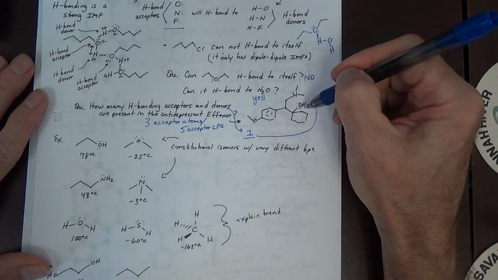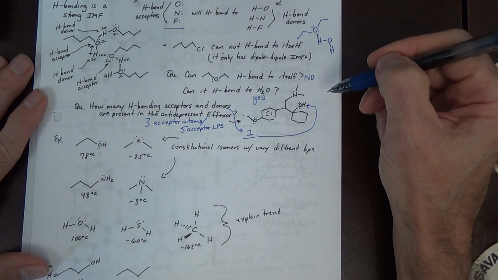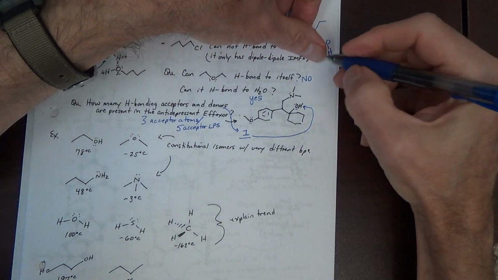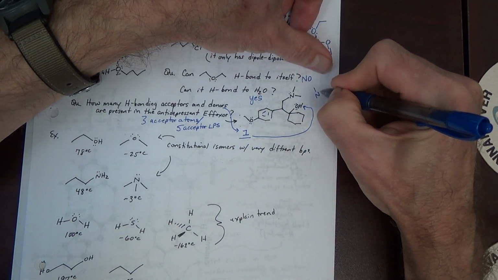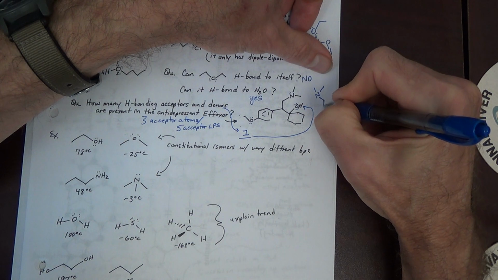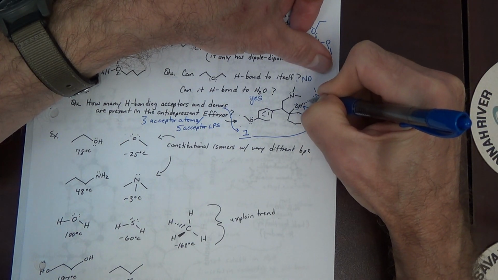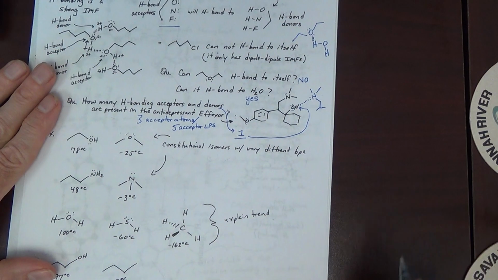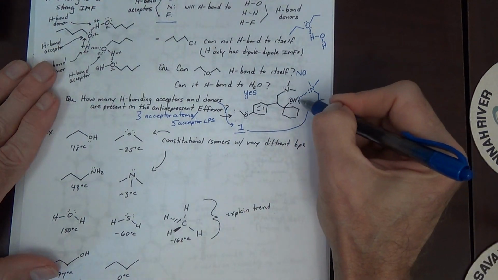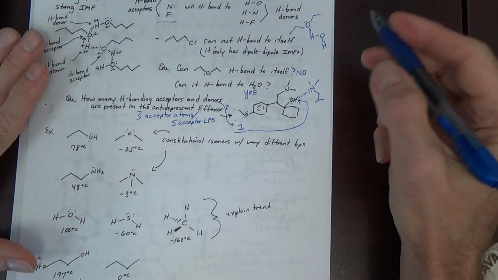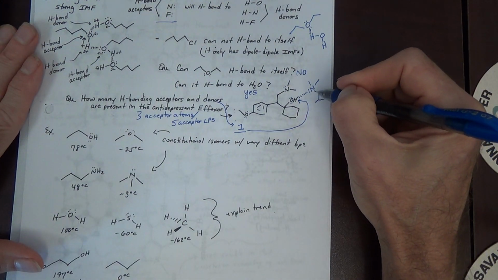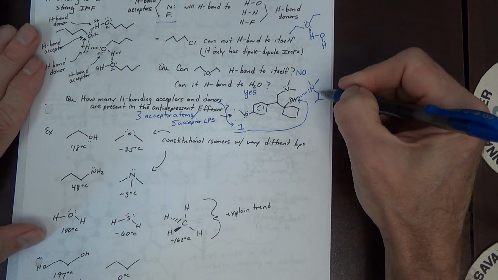Could this drug molecule hydrogen bond to itself? Yes, the nitrogen of another molecule could hydrogen bond to the H of the alcohol. And possibly there are other types of hydrogen bonding you could show.